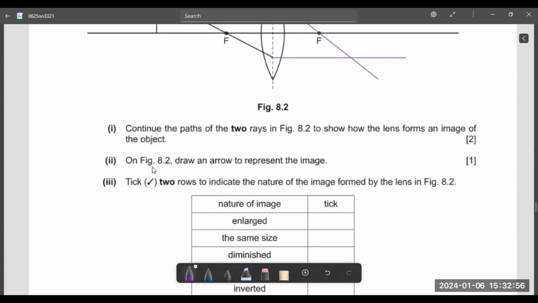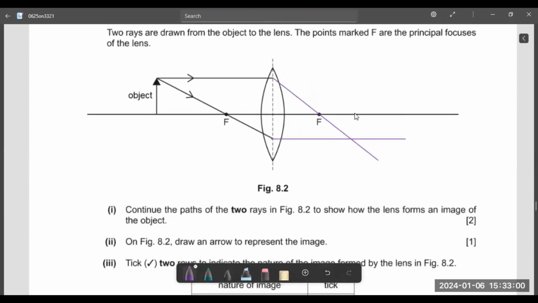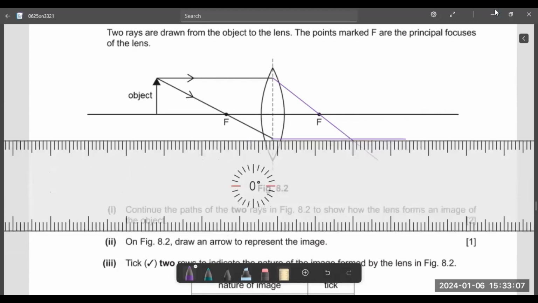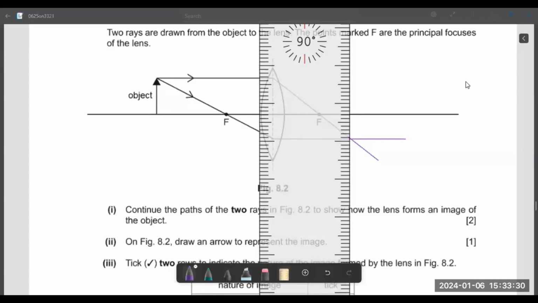Next, on figure 8.2, draw an arrow to represent the image. So this is your image.